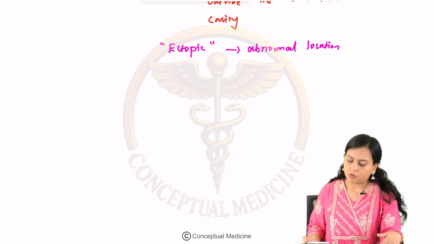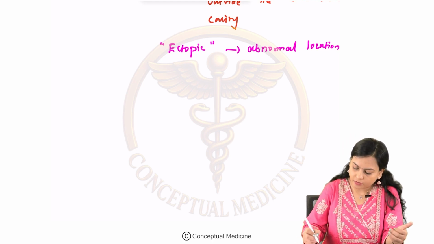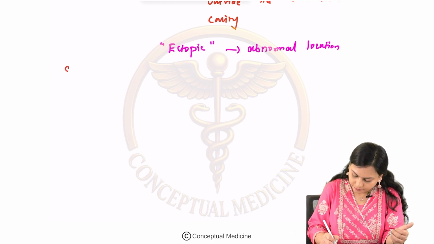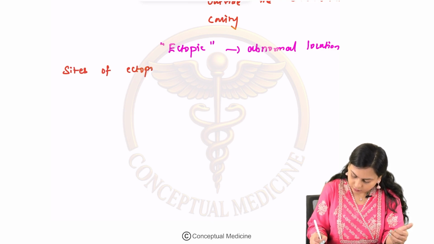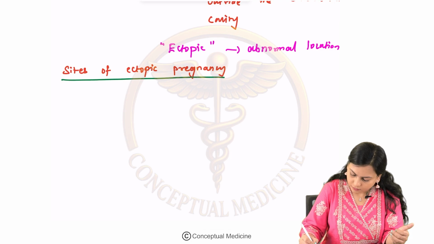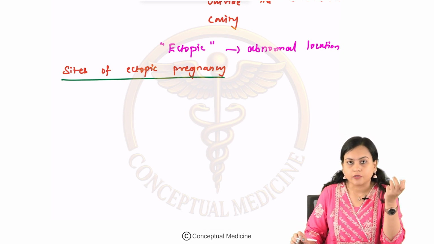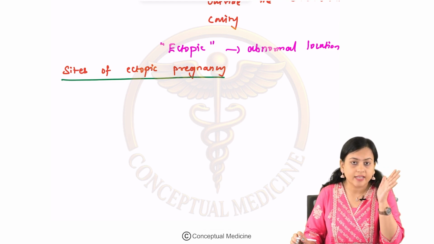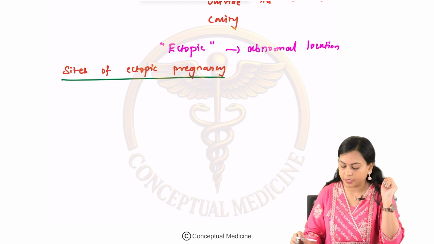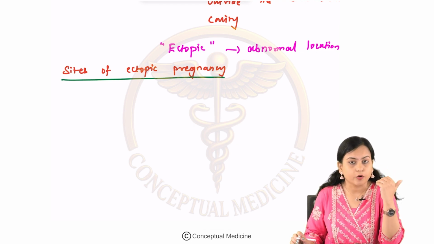Now, what are the sites where the ectopic can get implanted? So, sites of ectopic pregnancy. These can be anywhere outside the uterus, anywhere outside the endometrial cavity.